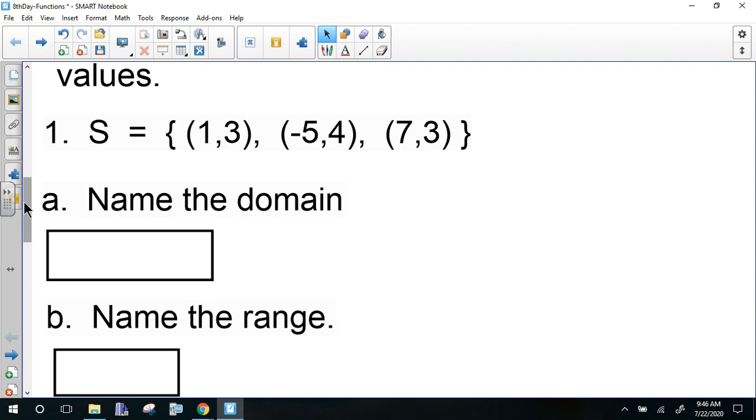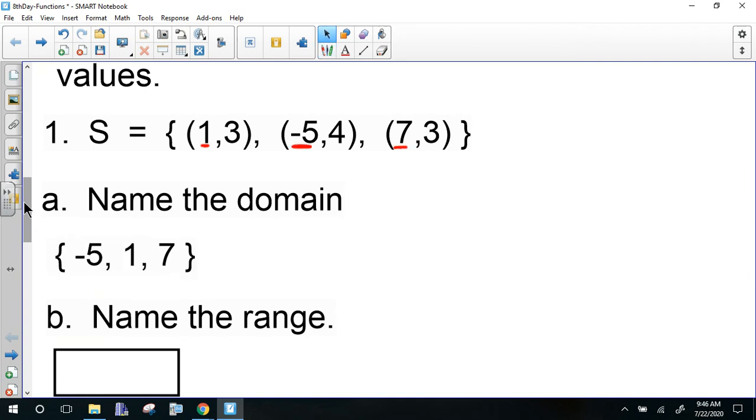Here's a set of points, 1, 3, negative 5, 4, 7, 3. We want to name the domain. Well, the domain are the x values. The x values in this are 1, negative 5, and 7. You can write them in numerical order and put them in the brackets.